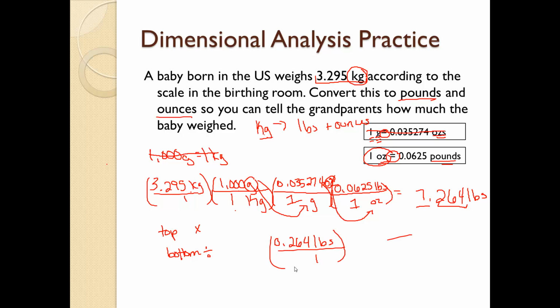So in 0.0625 pounds, there's 1 ounce. And that comes out to be 4.227 ounces. So I have 7 pounds and 4.227 ounces, or approximately 7 pounds, 4 ounces.